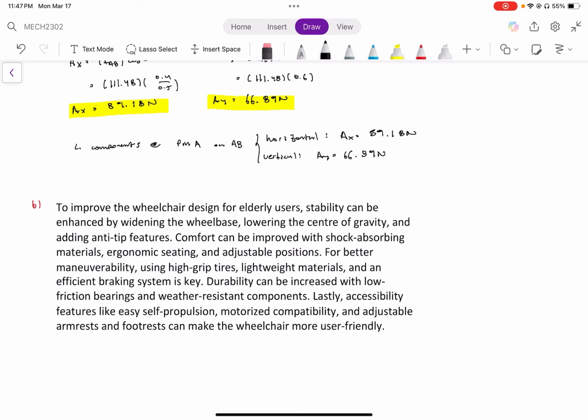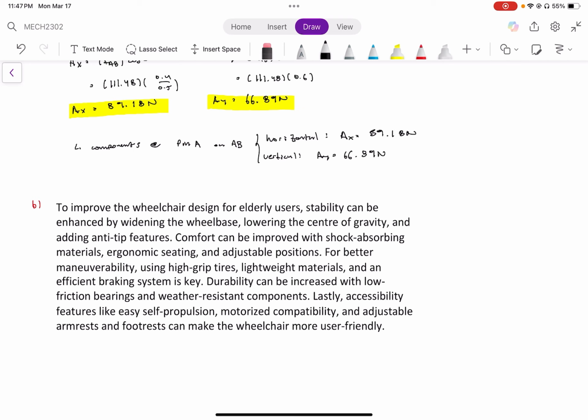They need constant support on the back and stability. For better maneuverability, using high-grip tires so they don't have to reach all the way to the ground is more comfortable. Lightweight material means not too much force needs to be applied to provide motion, and efficient braking systems, in case they need to brake quickly and effectively, would be ideal and key.